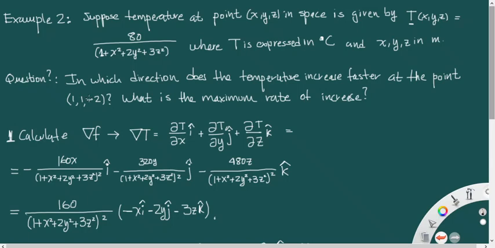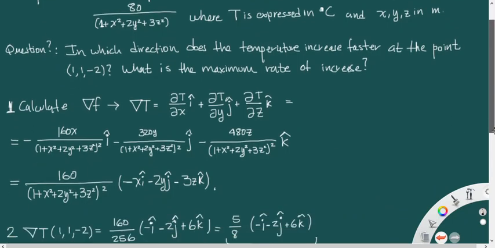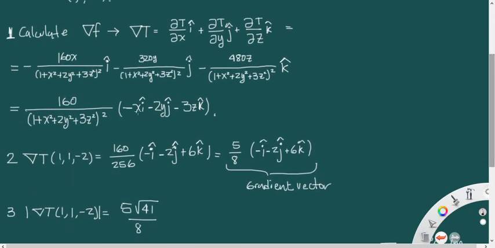So it could be any type of direction according to the vectors, and in this case, the gradient vector. Okay, so let's start to work this example. And the first step is to calculate the gradient vector of the function.